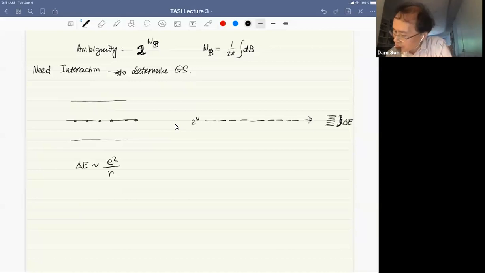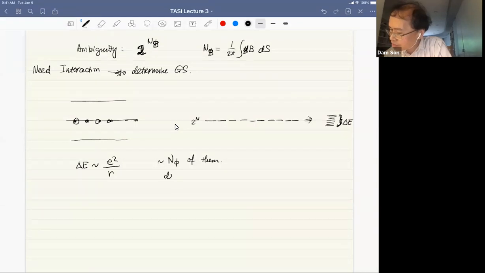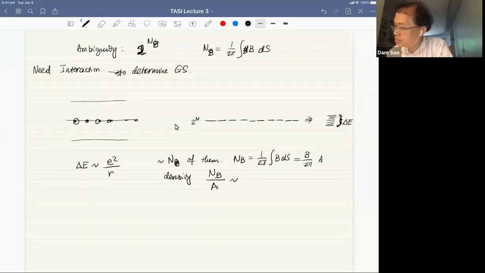The particles located on this Landau level number roughly NB. The density is NB divided by the area, but NB is 1 over 2 pi times the integral of B dS, which is B over 2 pi times the area.